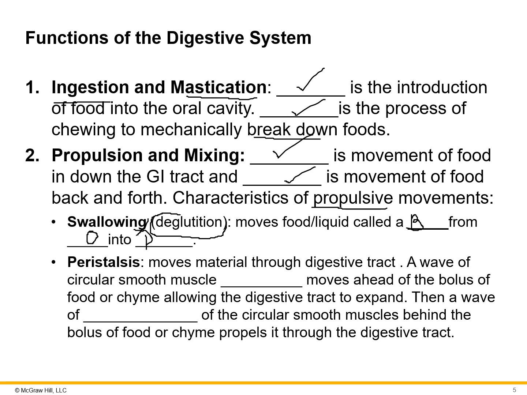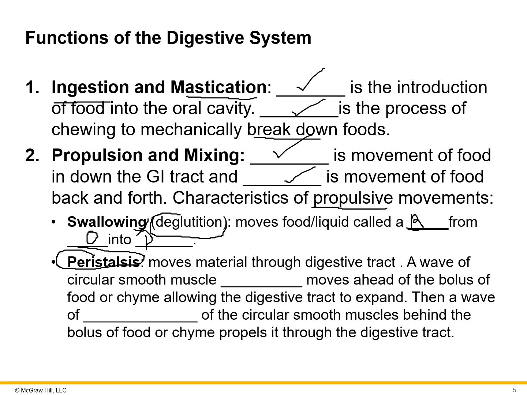Now, once it's down the esophagus and it goes down to the stomach and exits the stomach, we have movements called peristalsis. So peristalsis is basically rhythmic movement of smooth muscle. This is involuntary muscle around your gastrointestinal tract that contracts and relaxes rhythmically in order to create a forward propulsion.